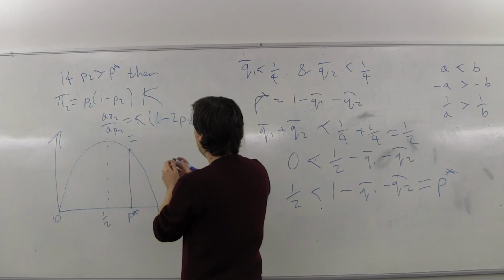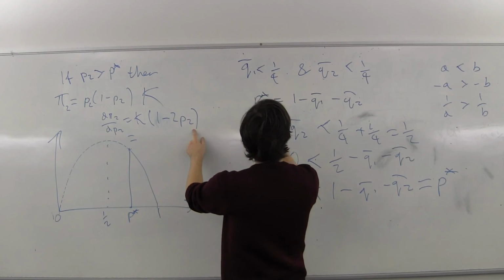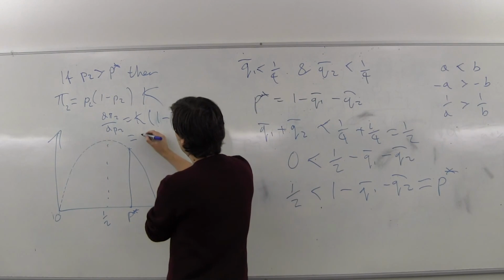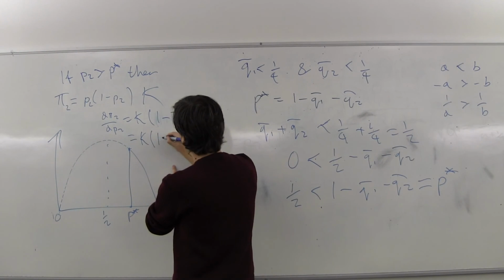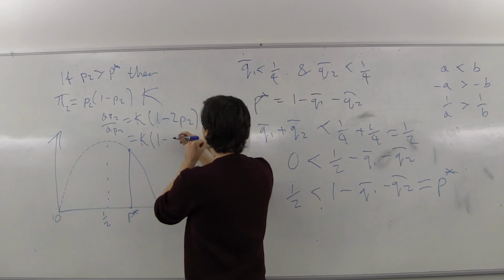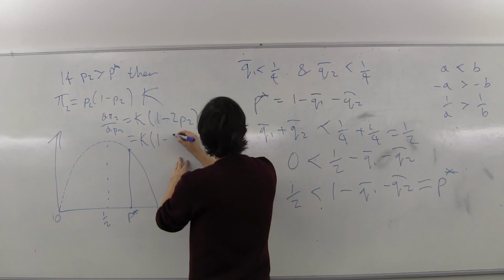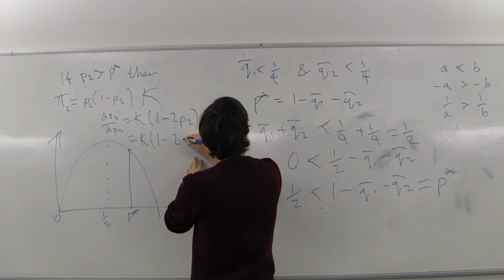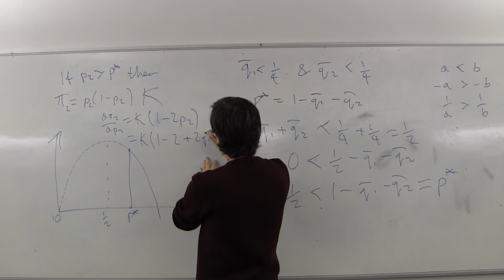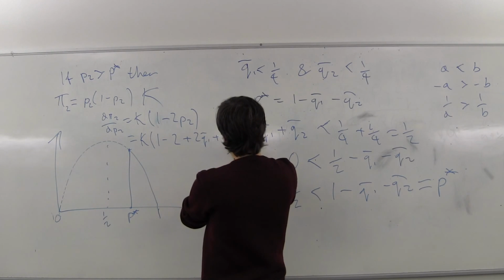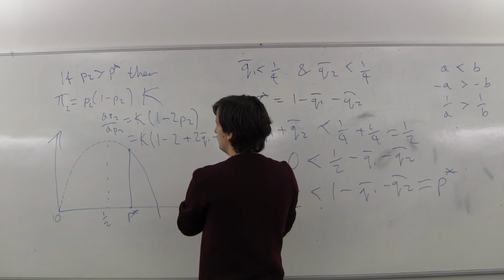And then I substitute in P2 equals P star. So at this point, this derivative is K times P star times 1 minus 2 plus 2Q1 bar plus 2Q2 bar.